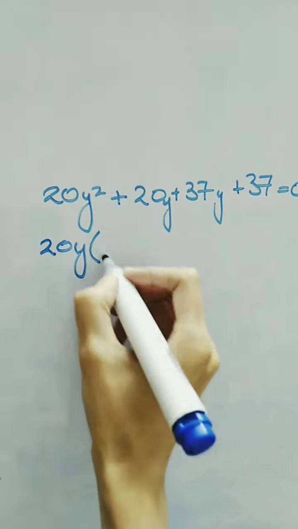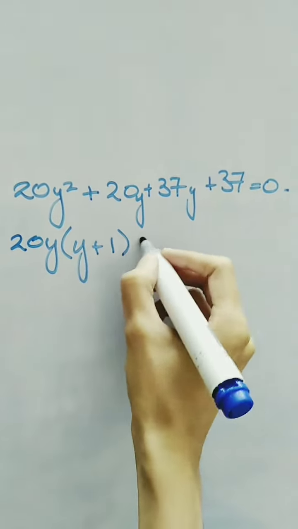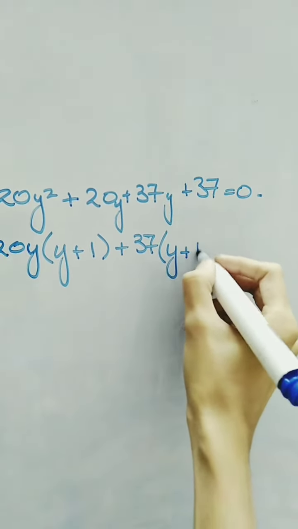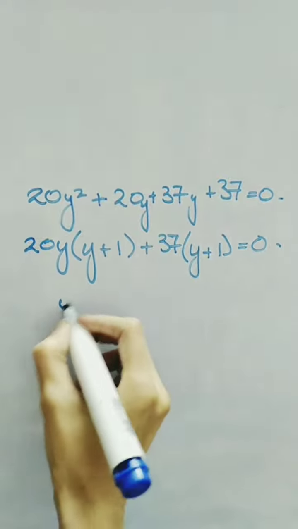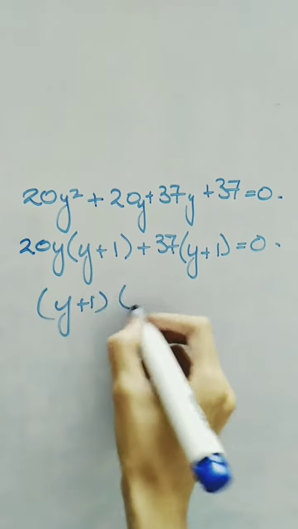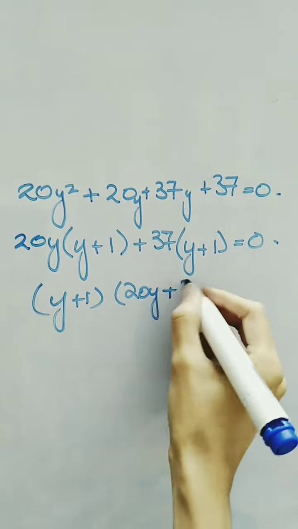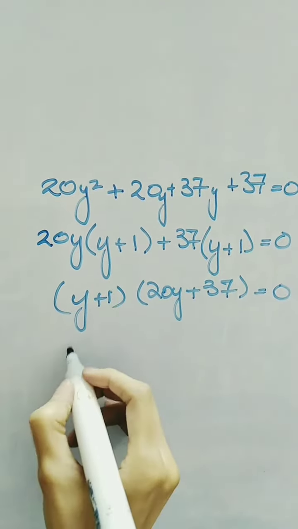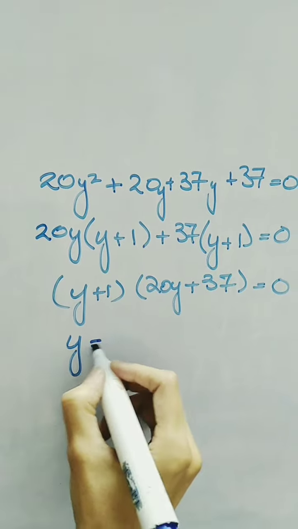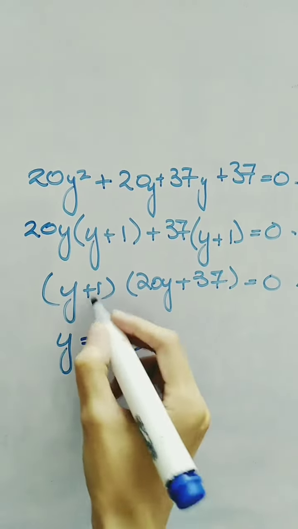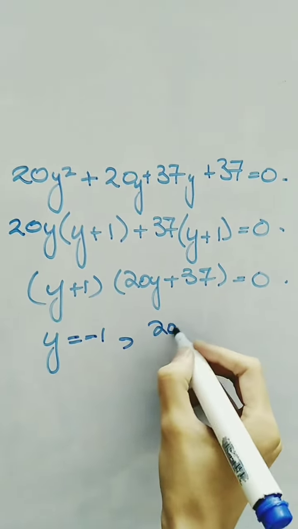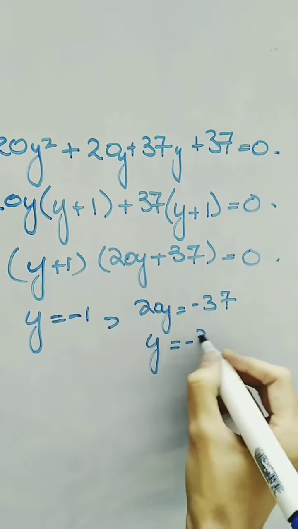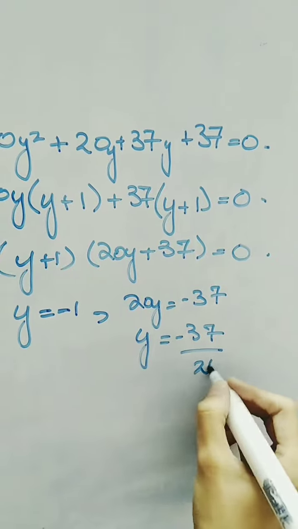Taking 20y as common, we will have y plus 1, plus 37, common, we will have y plus 1 again, and the factors are y plus 1 and 20y plus 37. We have y is equals to minus 1 for y plus 1, and 20y is equals to minus 37, or y is equals to minus 37 over 20.